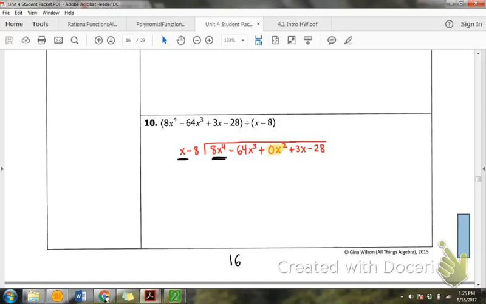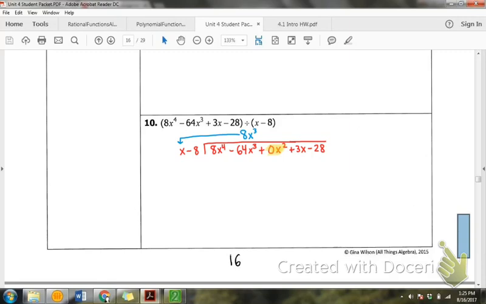8x cubed, right? How are you going to make x become 8x to the 4th? You're going to make it 8x cubed. Where are we going to put that 8x cubed? Good, above the 64. Then remember every time we get a number up here, we're going to multiply times the x.